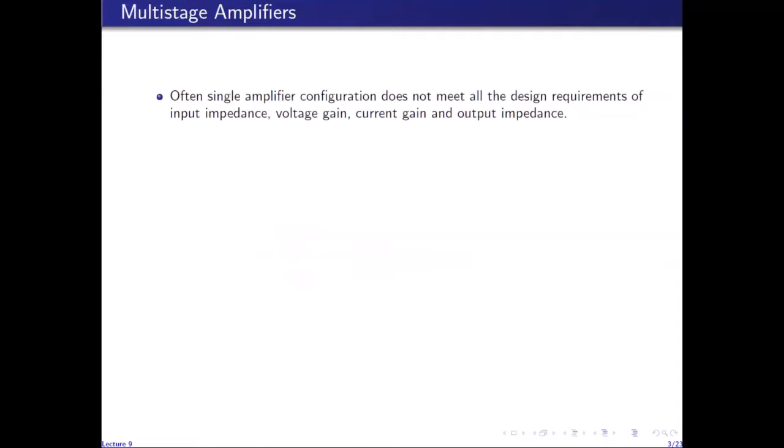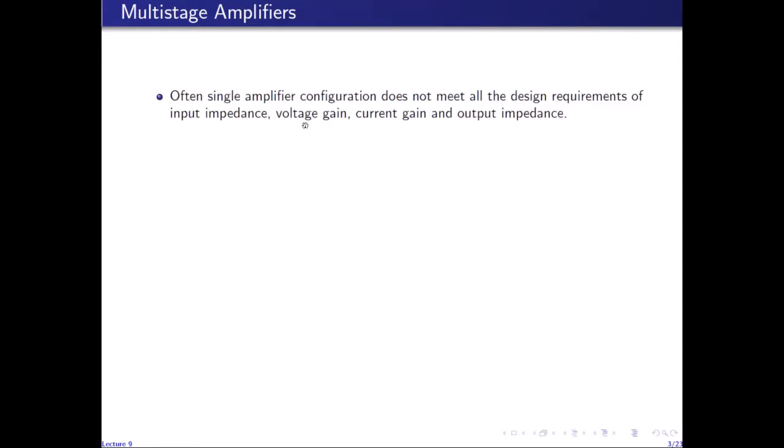So the motivation behind the use of multi-stage amplifiers is the fact that often single-stage amplifiers do not meet all the design requirements of input impedance, voltage gain, current gain, and output impedance simultaneously. If we talk about the common emitter amplifier, then it has moderately large input impedance, good voltage gain, good current gain, but moderately large output impedance as well.